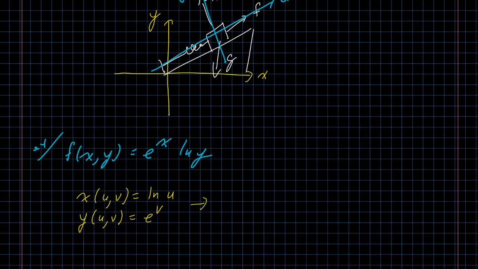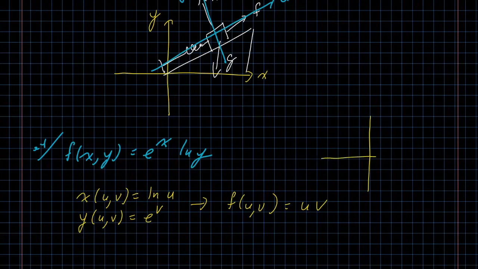And with that, we get that f of u and v is actually just u times v, which is much easier to work with in certain circumstances, right? Just doing a substitution. E to the natural log of u is just u, natural log of e to the v is just v.